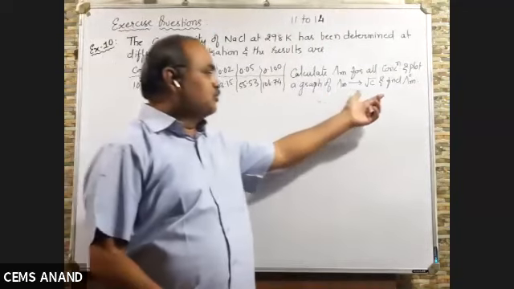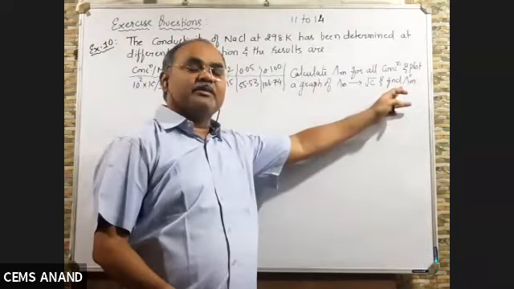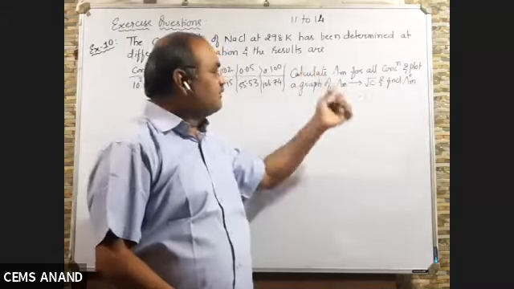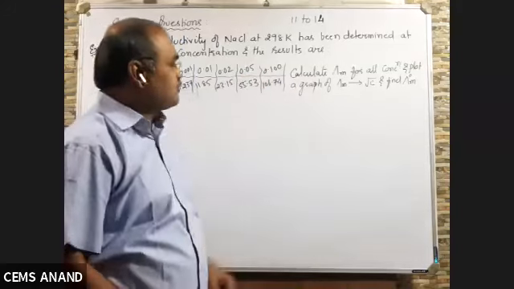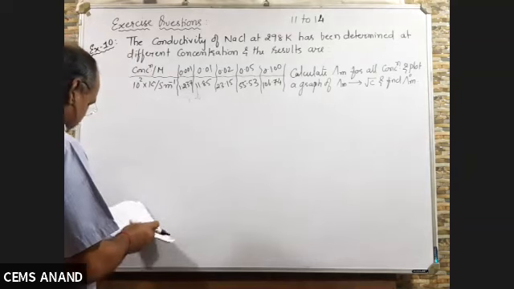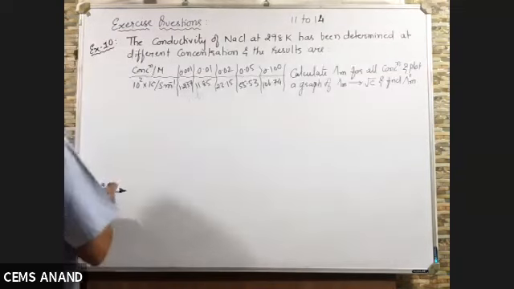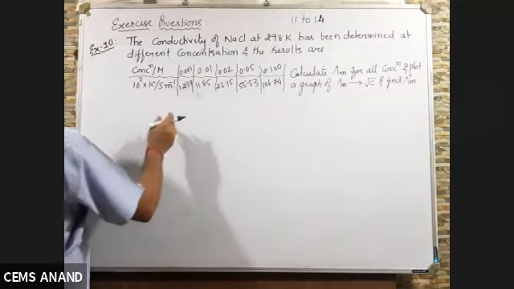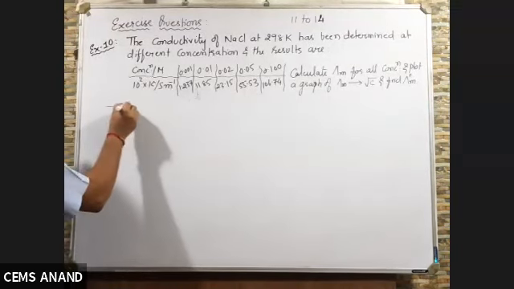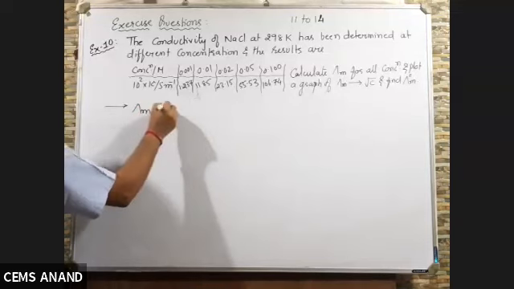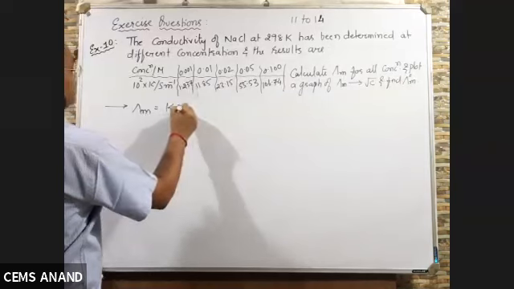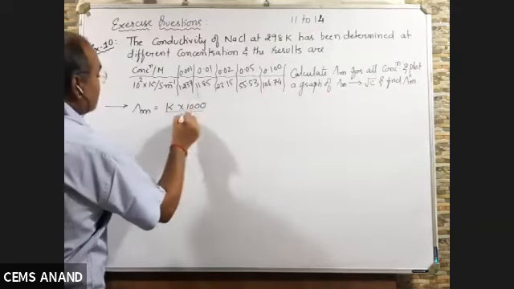This is based on Kohlrausch's law, and I told you how to find lambda 0 m by plotting a graph. You have to extrapolate the graph for a strong electrolyte, and NaCl is a strong electrolyte. So first of all, we'll find the values of lambda m. And you know what lambda m is. Lambda m is equal to kappa into 1000 by C.